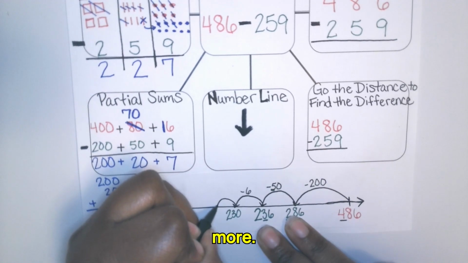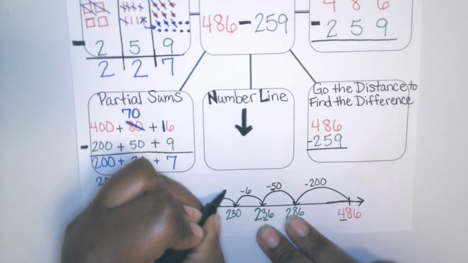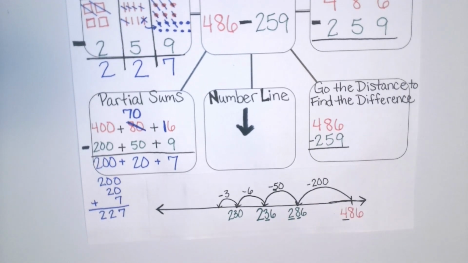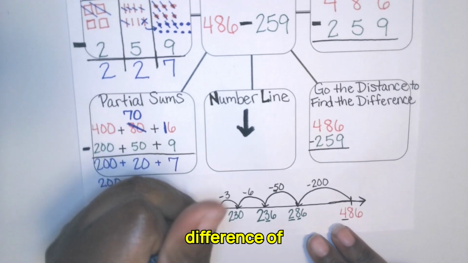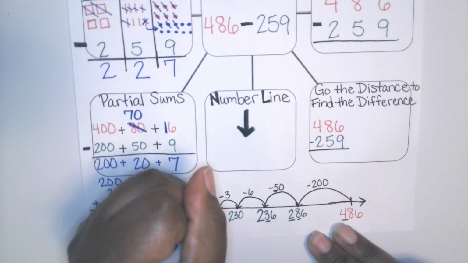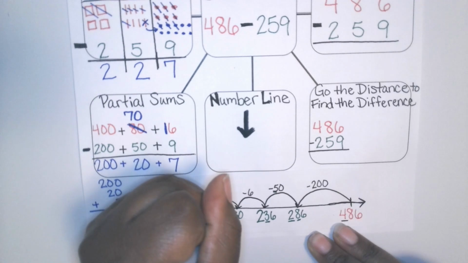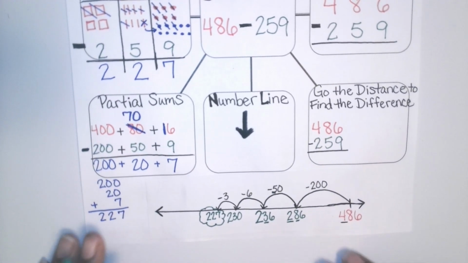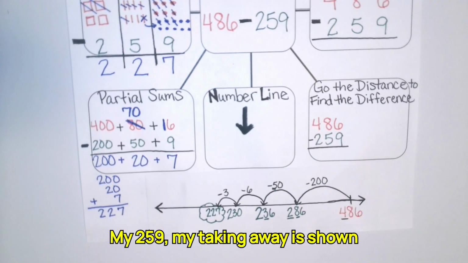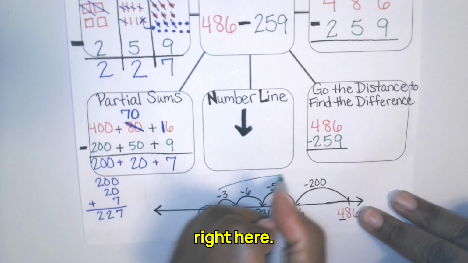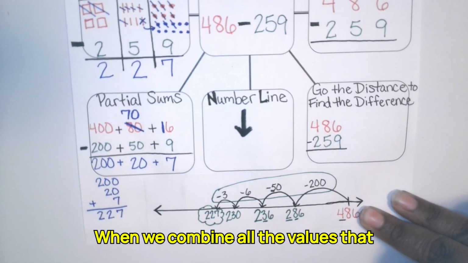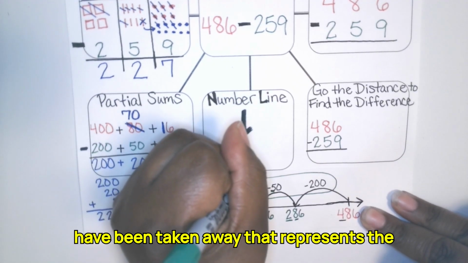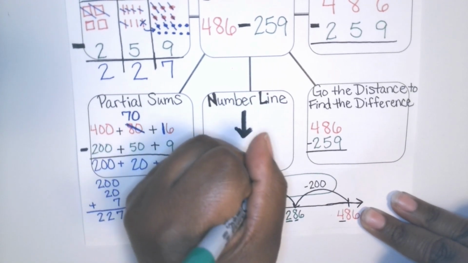So I'm going to take away 3 more. And that, of course, will give me my difference of 227. My 259, my taking away, is shown right here. When we combine all the values that have been taken away, that represents the subtraction of 259.